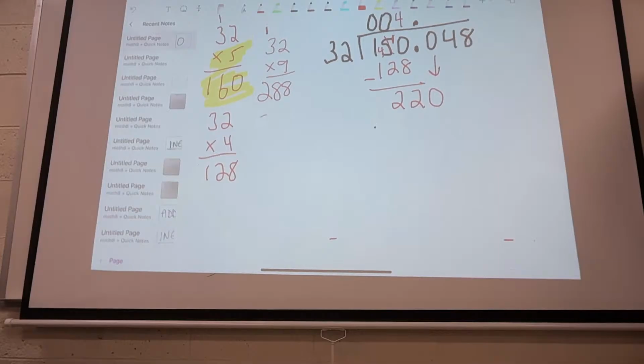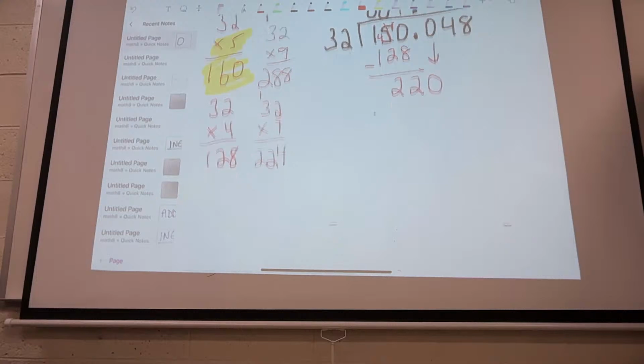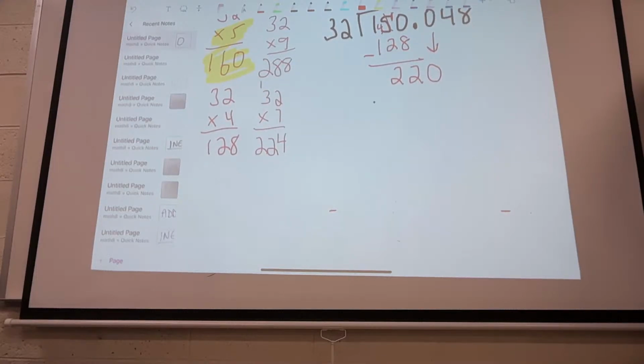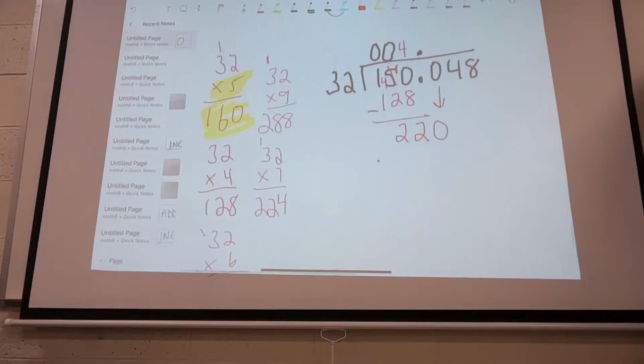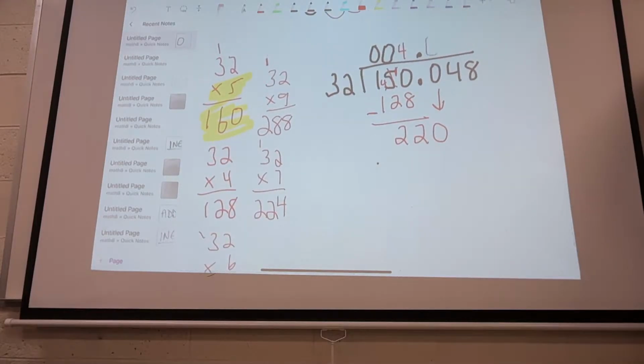Try 7. Whoa, 32 times 7. 14. 21 plus 1 is 224. Too big. Let's try 6. 192. That'll work.